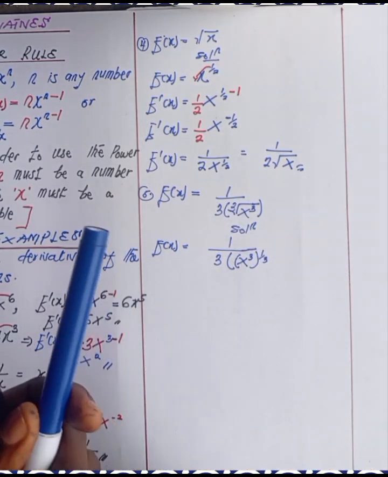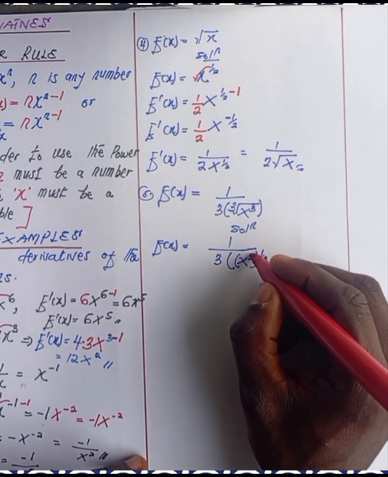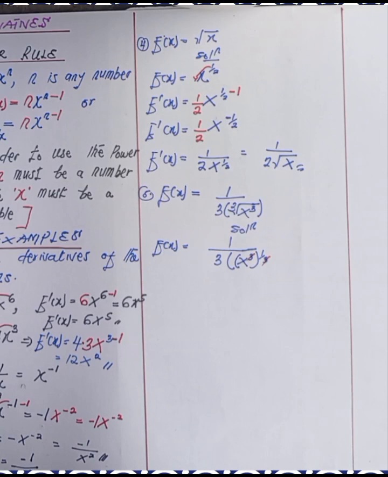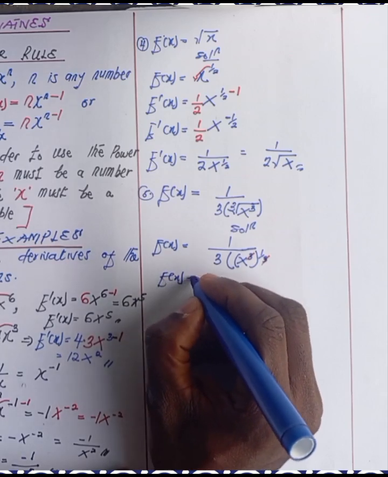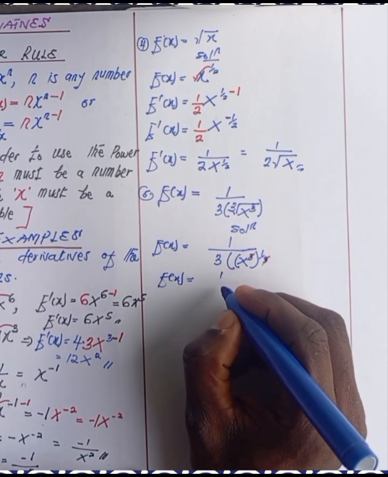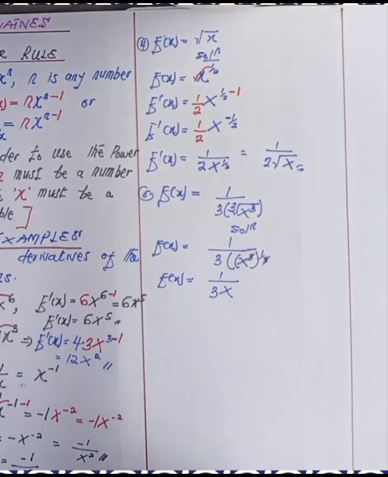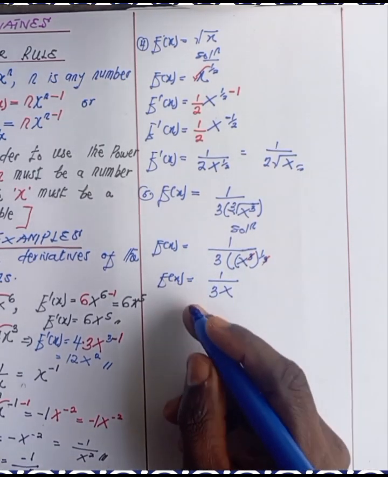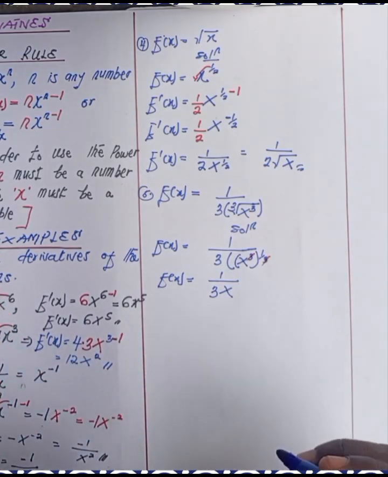So from here we can see that this 3 will cancel this 3. At the end, our function is going to be in the form f of x is equal to 1 over 3x. Now this is our function, and before we can solve it, we have to write this in index form.